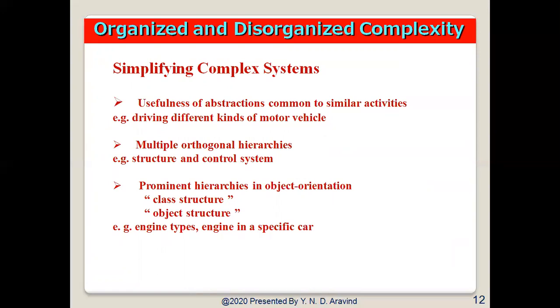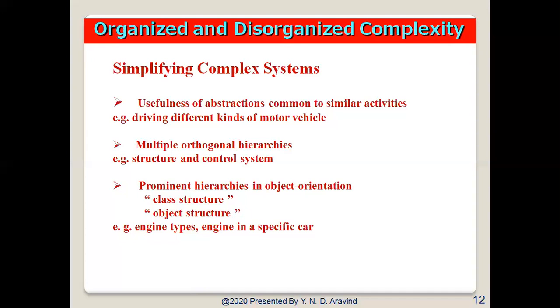Another principle to understand the complex system is the separation of concerns, leading to multiple hierarchies that are orthogonal to each other. Again, take the same example of the car. Here, the physical structure of the car is the body, the engine, and so on.